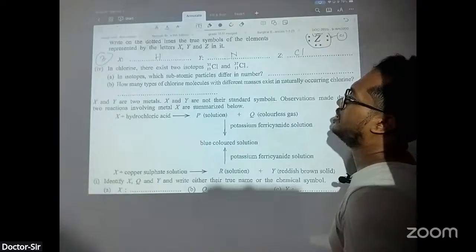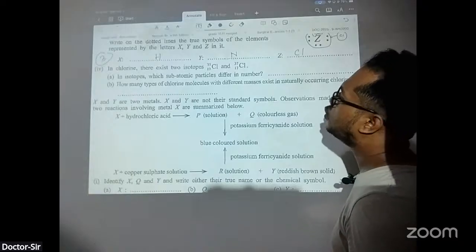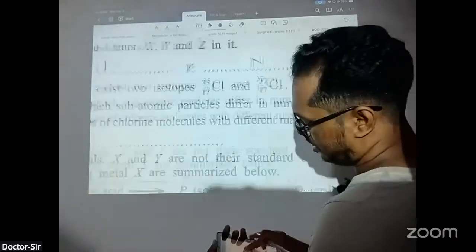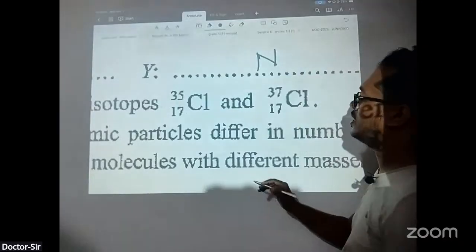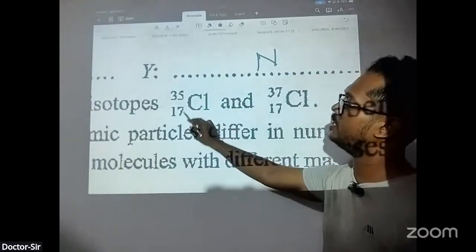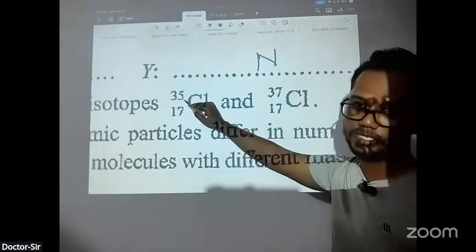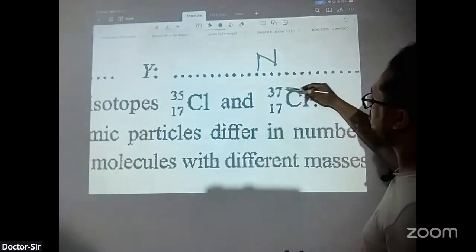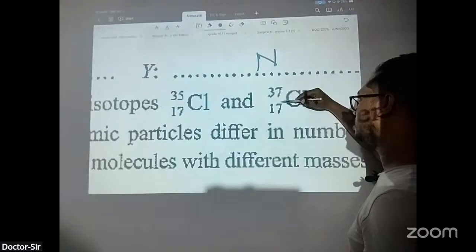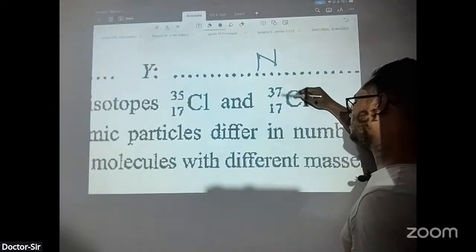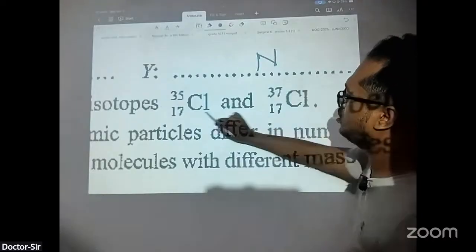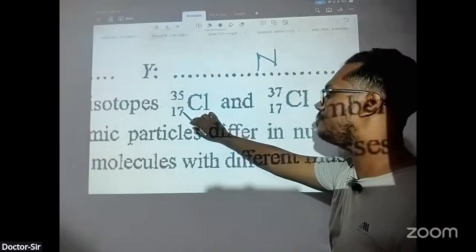Okay, right. In chlorine, there exist 2 isotopes. All right, there are 2 isotopes given. You can see chlorine 35, 70 and here chlorine 37, 70. Now you can identify what is the difference here. So this is the atomic number.